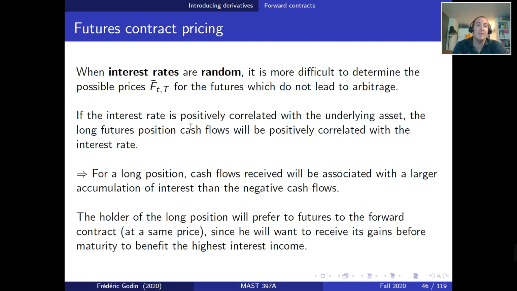Okay, because if you have a positive cash flow, more likely you'll receive a lot of interest on it. If you have a negative cash flow, then you forfeit a small amount of interest on it. Okay, so it is preferable to have your cash flows early when interest rates are correlated with the underlying asset.